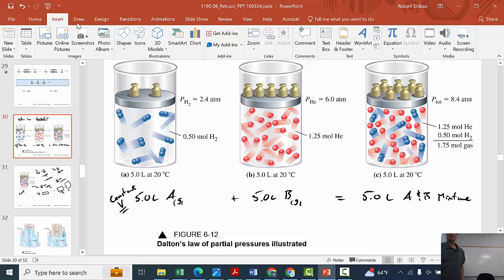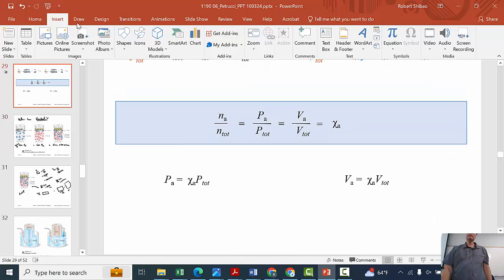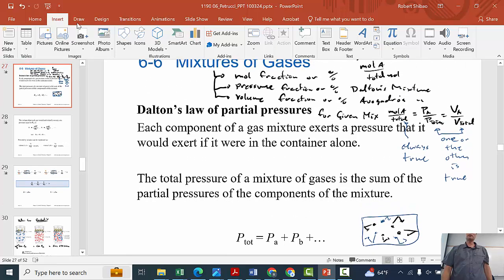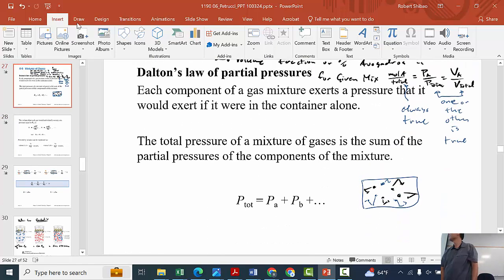And so this is the very famous equation in Dalton's law. This is Dalton's law of partial pressures, that the total pressure is equal to PA plus PB plus et cetera. The individual pressures, we can calculate that. So for example, PA is equal to the mole fraction, that is NA over N total, times P total, etc. PB is equal to the mole fraction of B, etc. And so the pressures are additive.